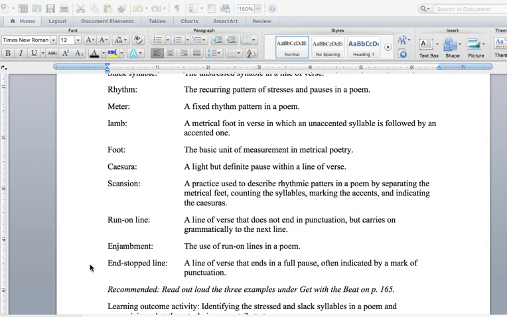One of the best ways to recognize where you have stressed and slack syllables, to understand the rhythm of a poetic line, where you have caesuras, what is the impact of a run-on line or an end-stop line, the best way is to read the poem out loud. And we learned this very early in the term, that it's always recommended that you read the poem out loud.